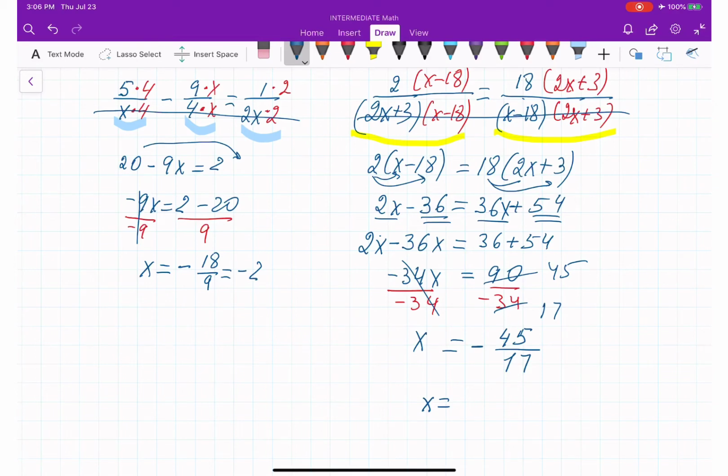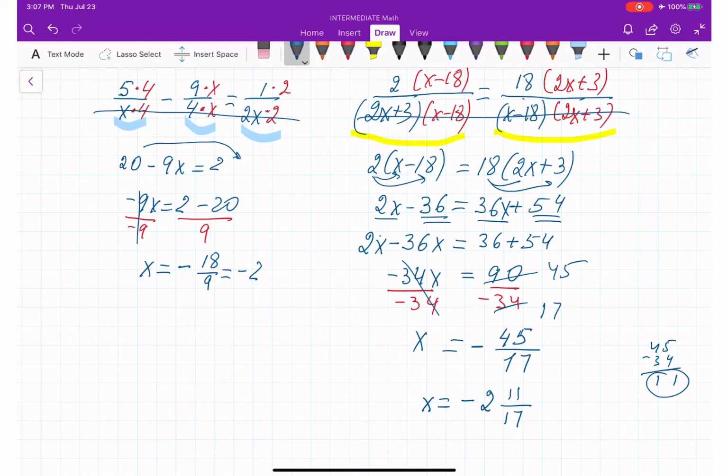45 divided by 17, it's going to be twice. 17 times 2 is 34, right? So 45 minus this 34, we are getting 11. So this remainder 11 is coming to the numerator, and the denominator never changes.